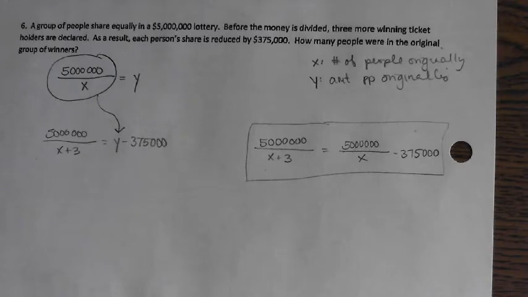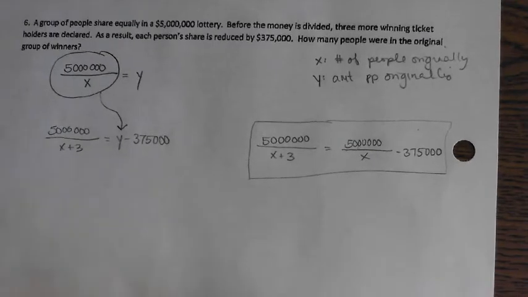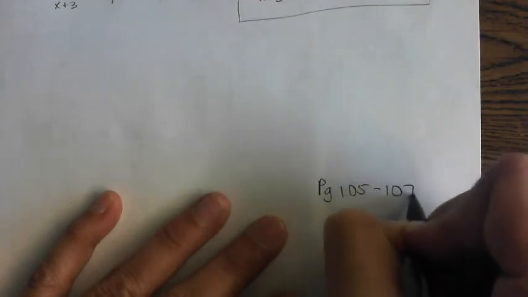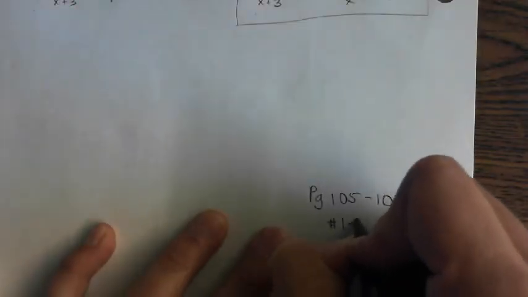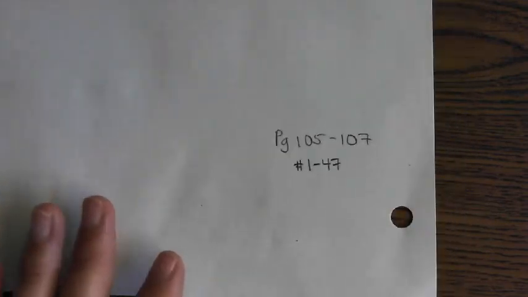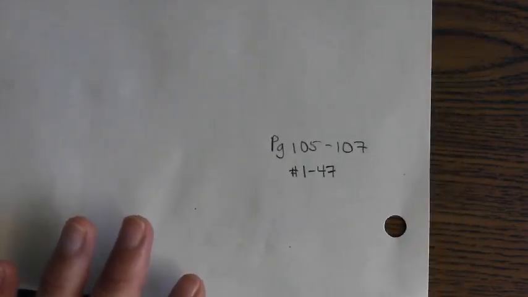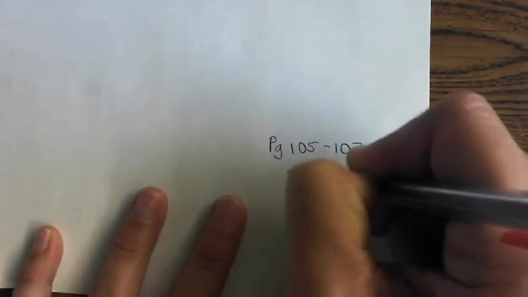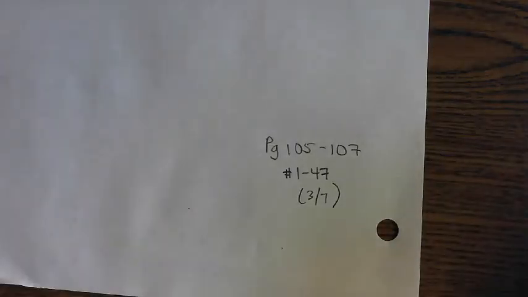Okay, we're going to do page 105 to 107. Numbers 1 through 47. Threes and sevens. Okie doke. Should be about 20 problems.